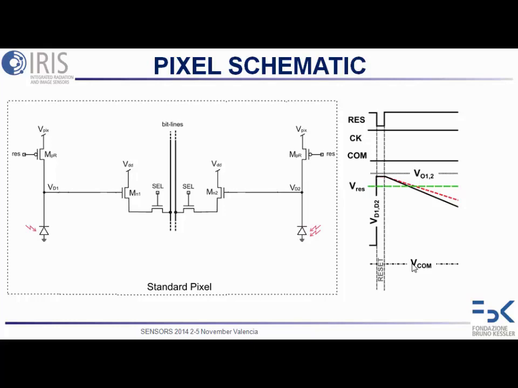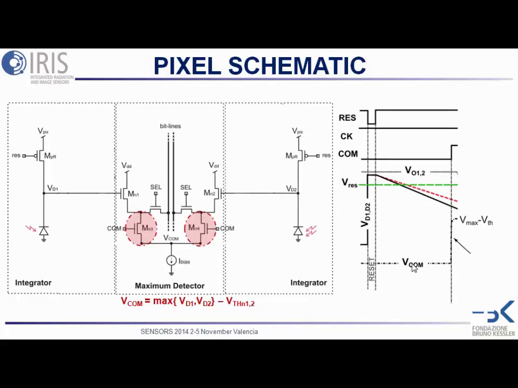So we added a few transistors in order to implement a maximum detector. And this can be done through the use of two other transistors, MN3 and MN4, which are driven by the signal COM. And COM is high.